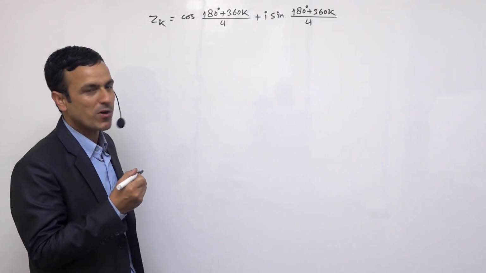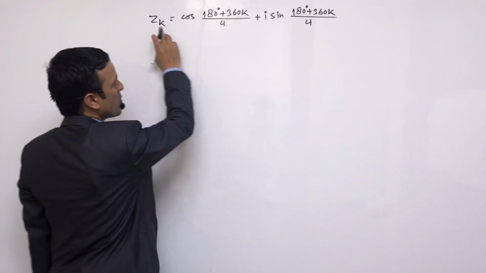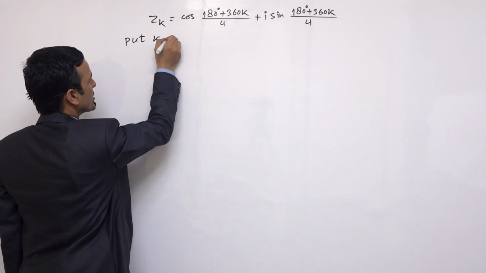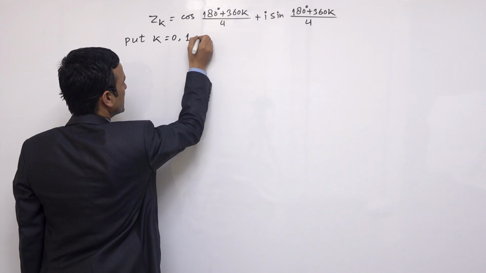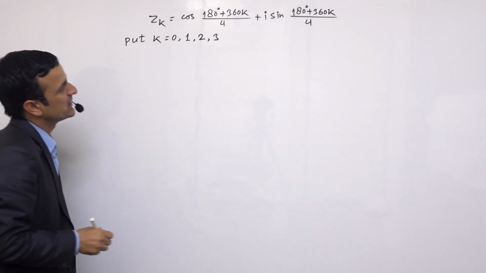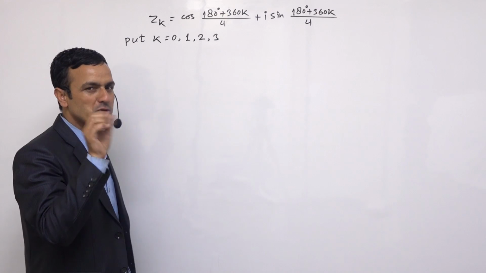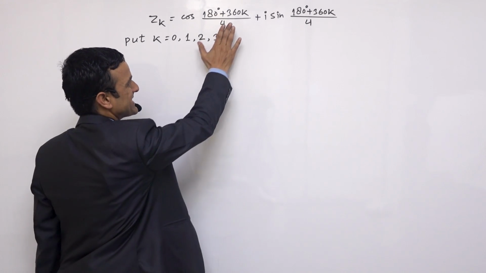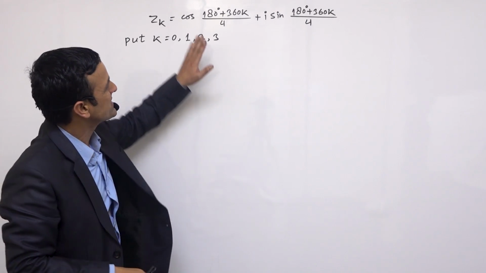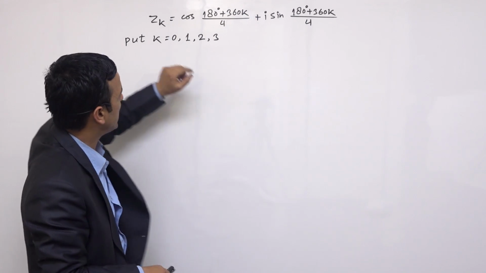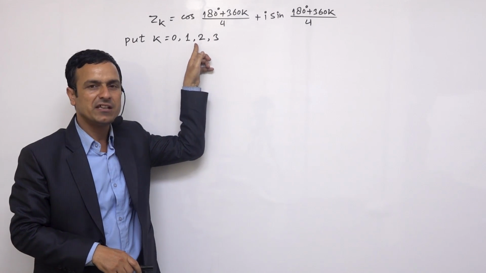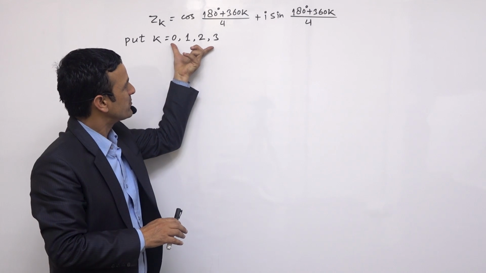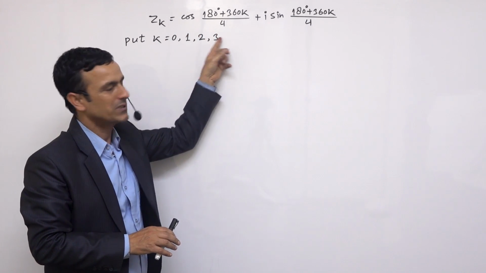Now we can put the value of k turn by turn. k को ठाउँमा हामी अब पालै पालो यहाँ भ्यालु राख्छौं. त्यसको लागि put k is equal to 0, 1, 2 and 3. So it is the solution of z power 4. Power 4 means we get 4 solutions from this expression. Power 4 means हामीले 4 वटा solution निकाल्नु पर्ने भएको हुनाले 1, 2, 3, 4, 4 वटा solution हामीले यसरी निकाल्न सक्छौं. So one by one we can put this value from 0 to 3.